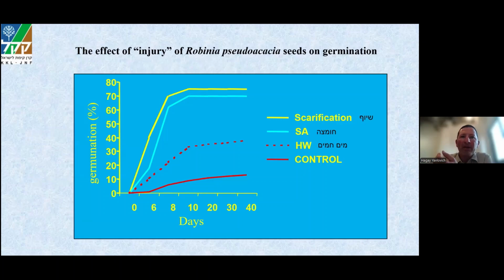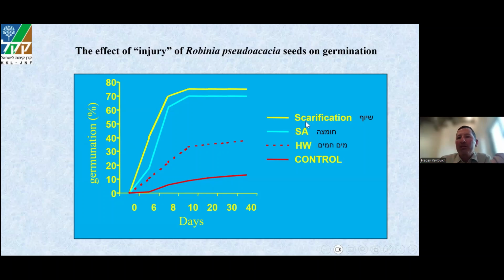Here we have Robinia pseudoacacia. In the control, we just put the seed in water: 10% germination. In hot water, 35% germination.